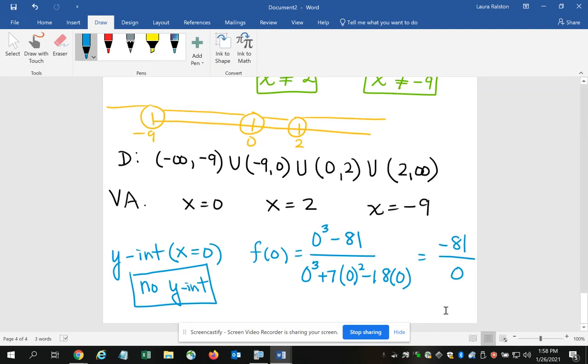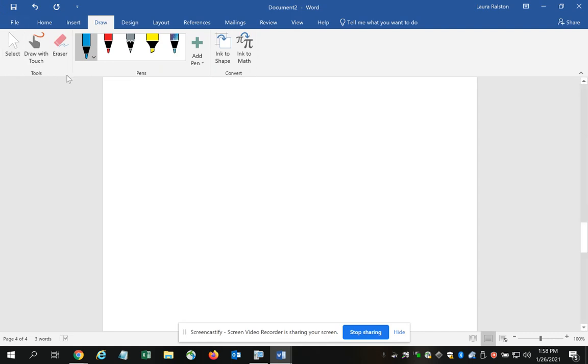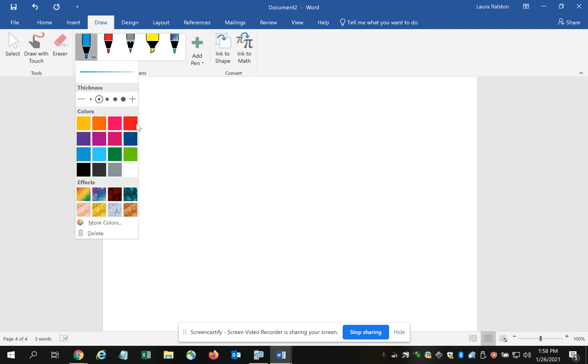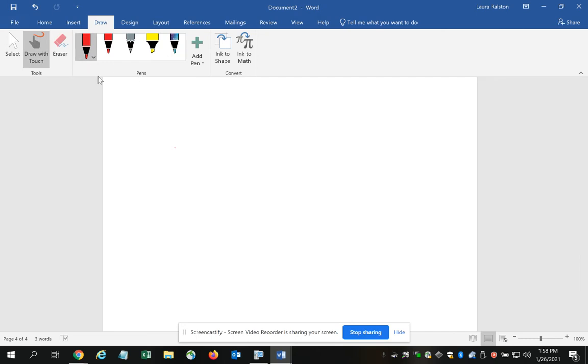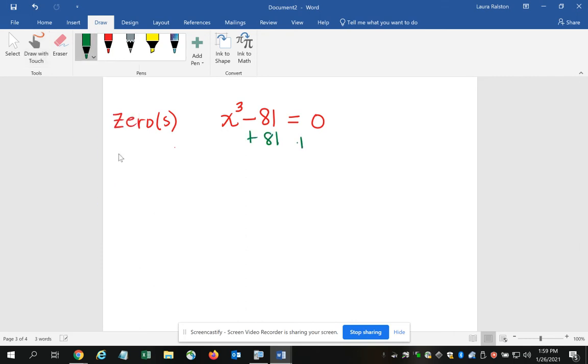Then if I want to think about, I have to scroll back up, I've run out of space. If you want to think about your x-intercepts, or your zeros, the shortcut is to take the numerator, which is x cubed minus 81, and set it equal to 0, and solve for x. I'm going to add 81 to either side to isolate the x. So we have x cubed equals 81.